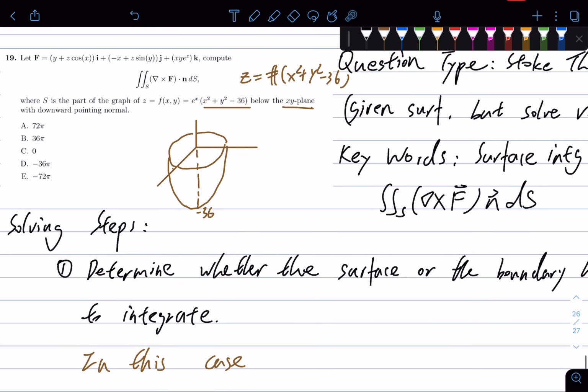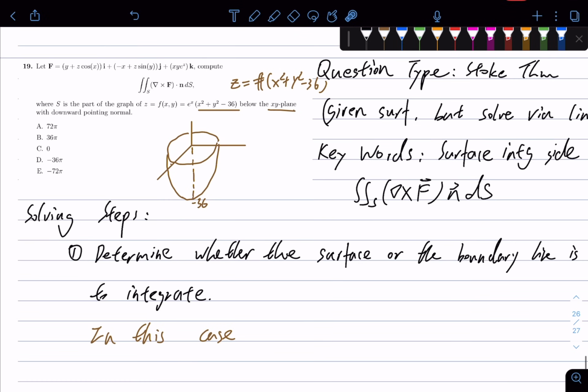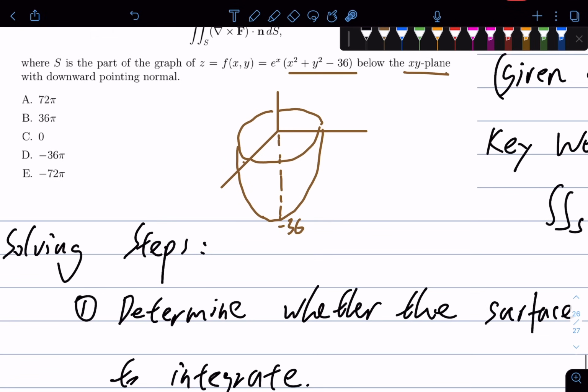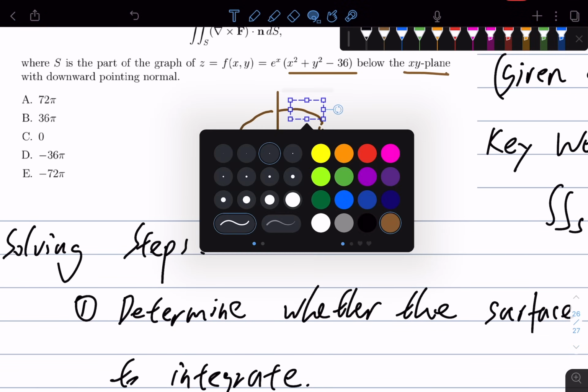So let's take a look at the surfaces. Again, we have two surfaces: one is the side of the wine glass, the paraboloid, and the other is the face of the circle, the top of the wine glass. So we have two surfaces to compute, but if we look at the boundary line, there's only one boundary line, which is this thing in pink.